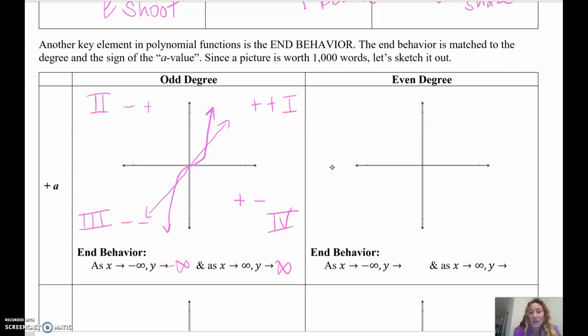Looking at an even degree function, that's pretty much our parabola. And here we're in positive, positive, and we're in negative, positive. So as x goes towards negative infinity, y goes towards positive infinity. And as x goes towards positive infinity, y goes towards positive infinity.